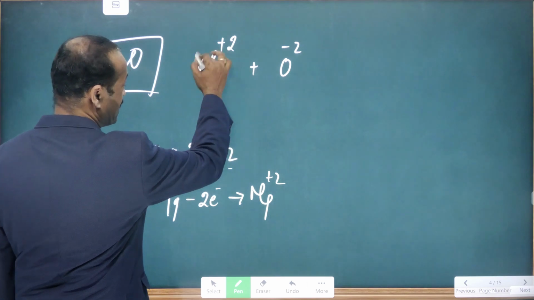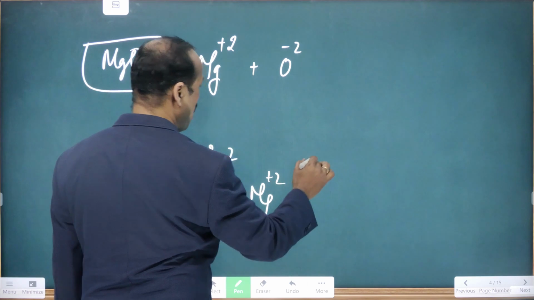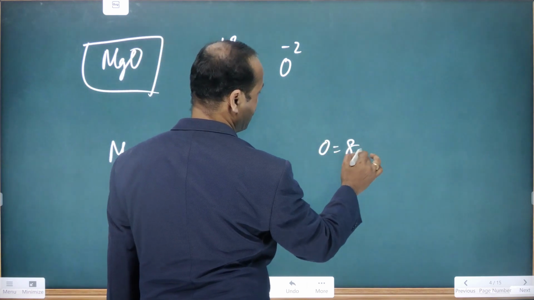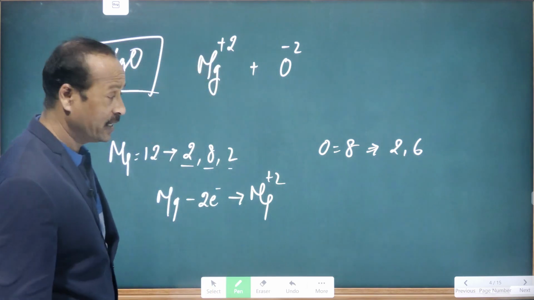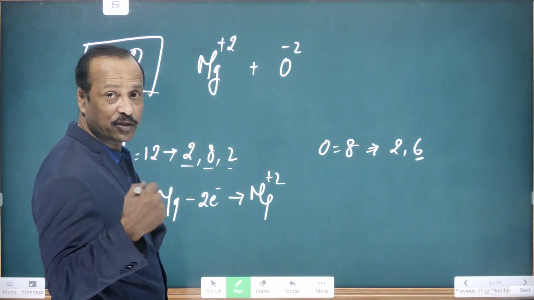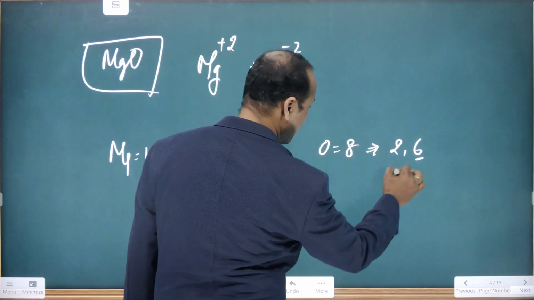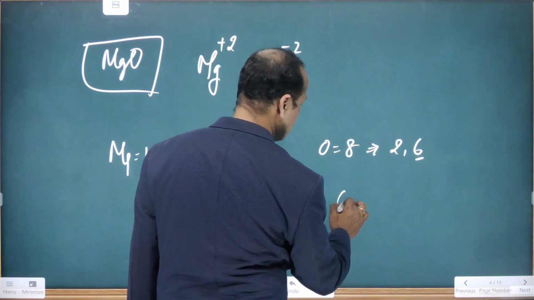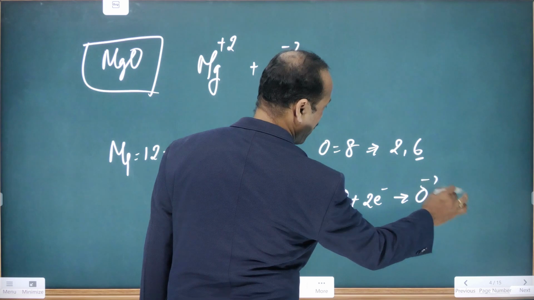So what is its charge now? Plus 2. Now oxygen. Oxygen's atomic number is 8. So what do we write as the electronic configuration? 2, 6. Right? So here how many electrons are there? Only 6. To attain stability, it requires 2 electrons, so it takes these 2 electrons from the magnesium. Oxygen, taking 2 electrons, becomes O minus 2.